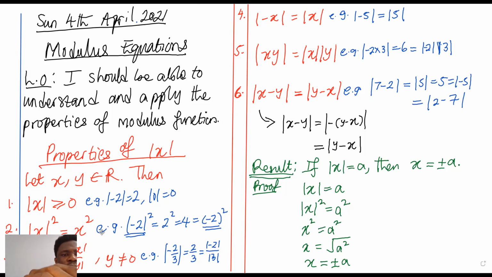So please take note of the last line, especially. Very important. Should I say here by property 2? Okay, so take note of that.